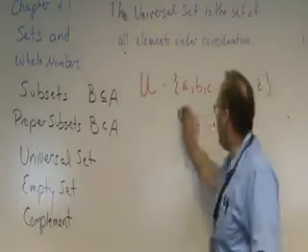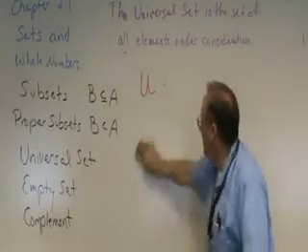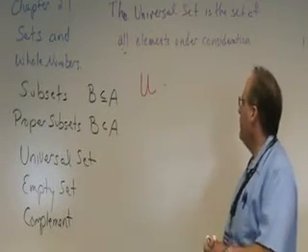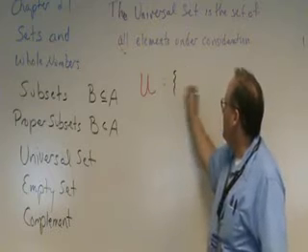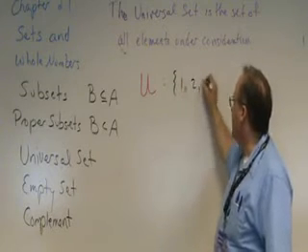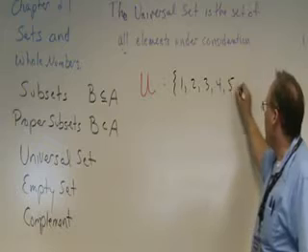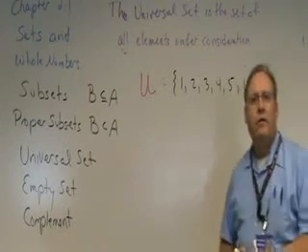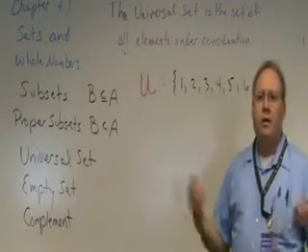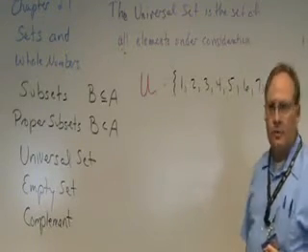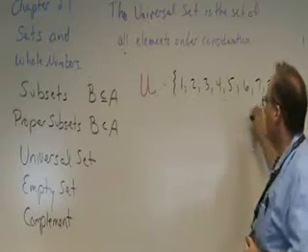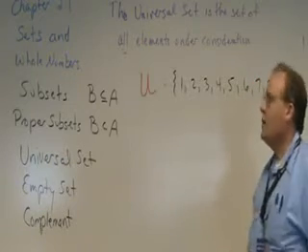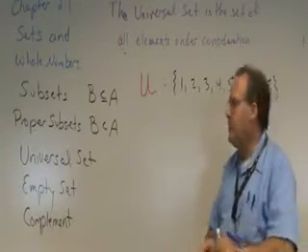Well, let's try a somewhat smaller universal set so that we can look at this. And so let's just let our universal set be 1, 2, 3, 4, 5, 6, 7, and 8. The first 8 counting numbers, okay? And so if you take a look at this idea right here, I can construct another set from it, okay?